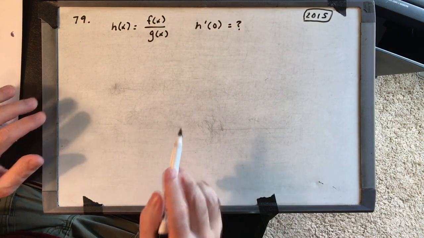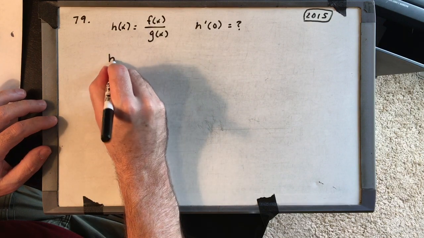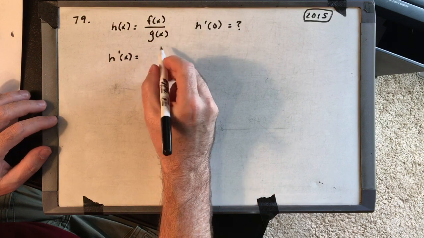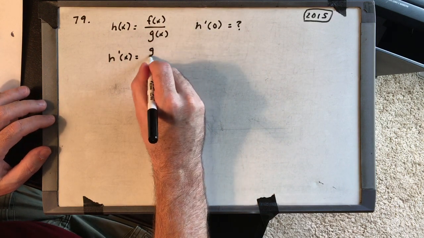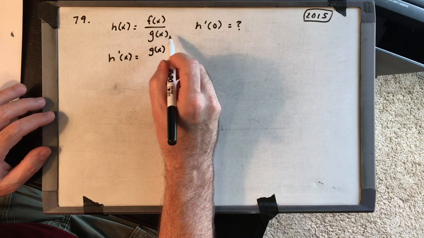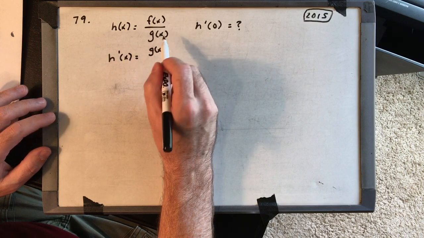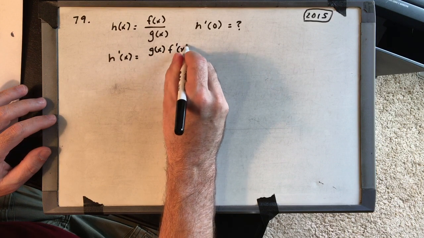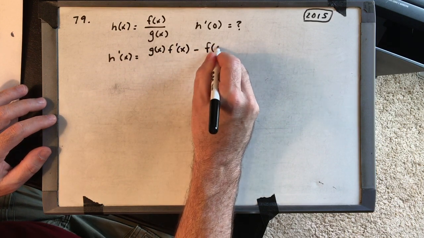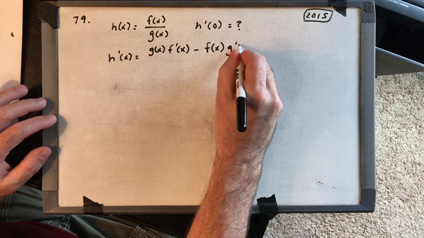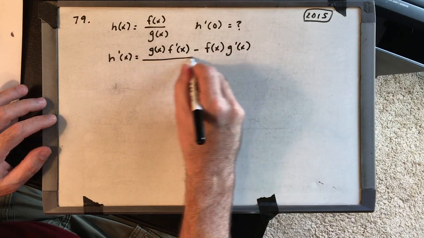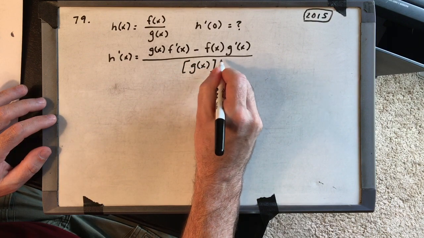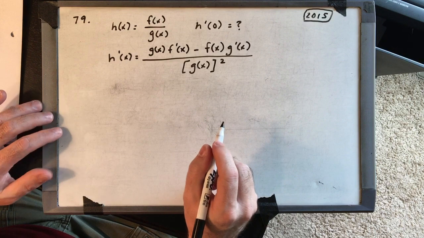All right, well, you're not really used to this, but we've got to get h prime, and this is a product rule. Not product rule, I'm sorry. This is a quotient rule. Quotient rule: bottom times the derivative of the top, f prime of x, minus the top, f of x, times the derivative of the bottom, g prime of x, all over the bottom squared. Now we just plug the numbers in from the table.